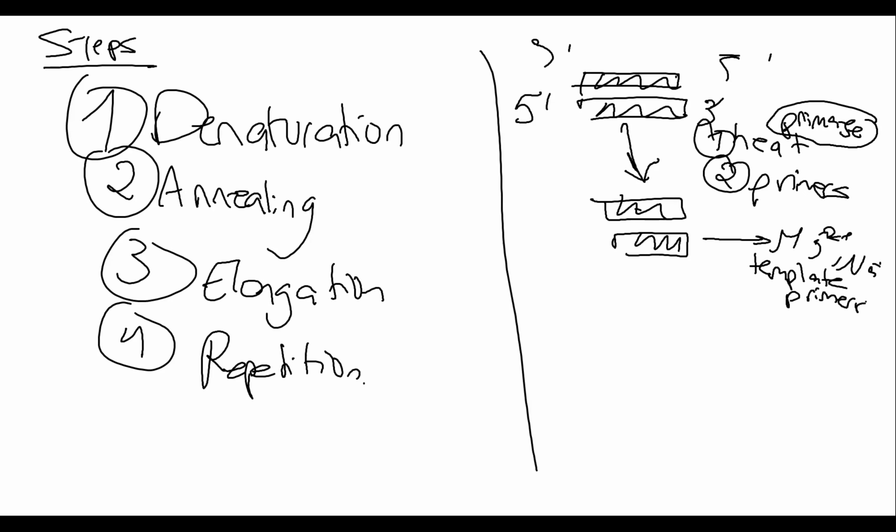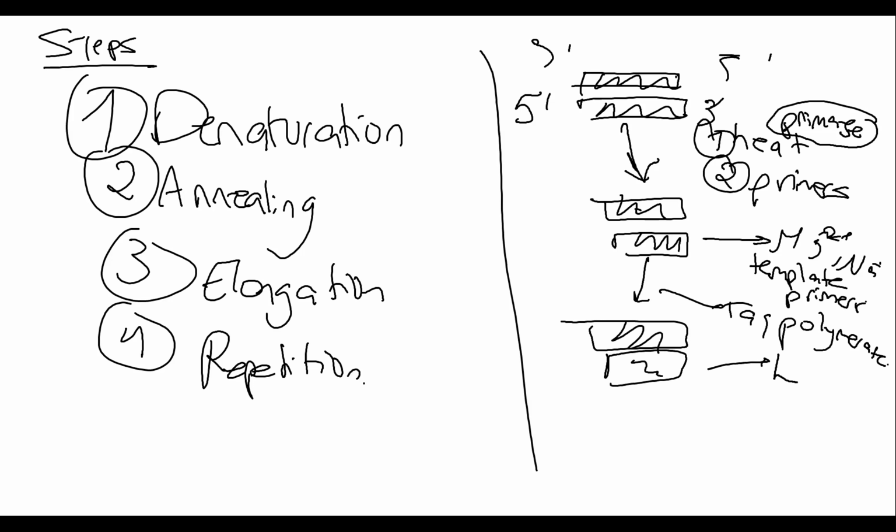Okay, and here we add the Taq polymerase, which is thermostable. And then we increase the heat. We heat it much more. Why do we heat it usually after we add Taq polymerase?